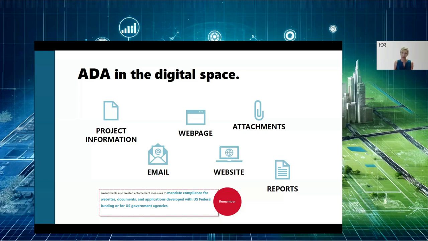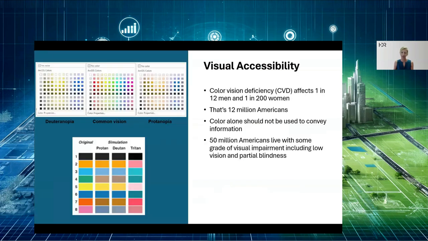So you can imagine a large project, how many emails you're generating. Are you pushing up a web page to a client, all of your attachments, all of your figures, everything inside of your report, it all has to meet these standards. So there's a big downstream effect when you start to think about compliance and then applying that compliance to the entirety of your project.